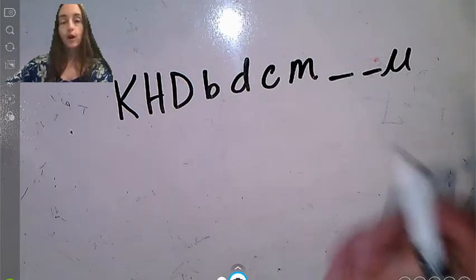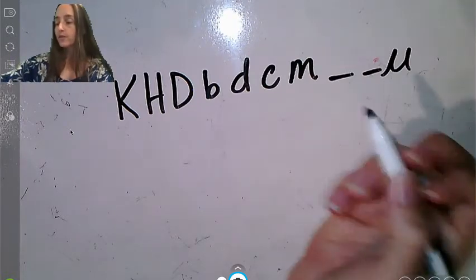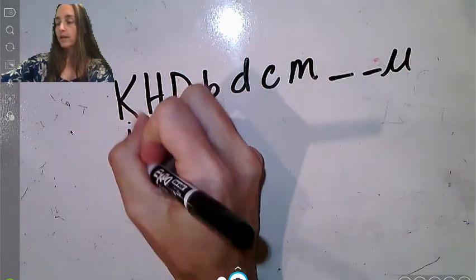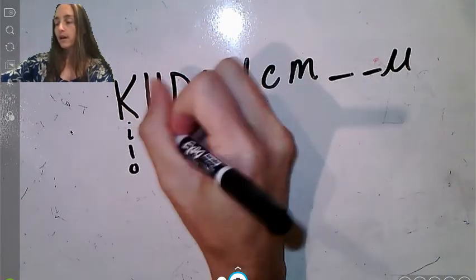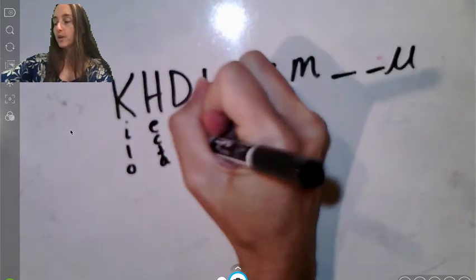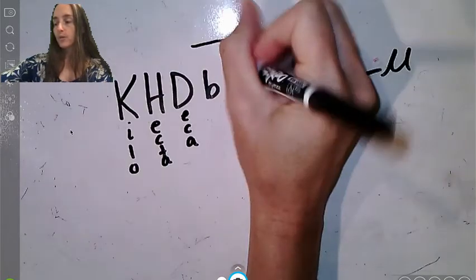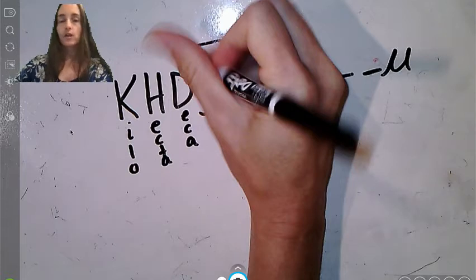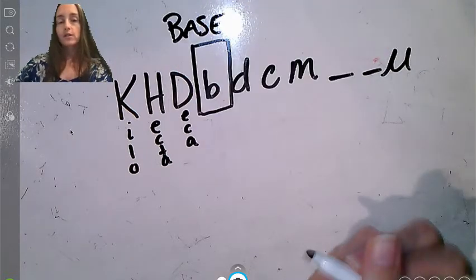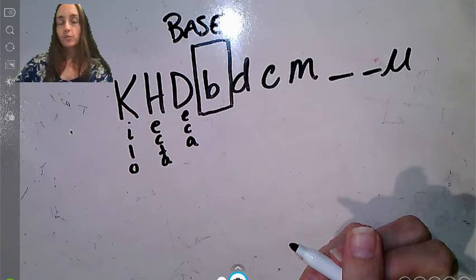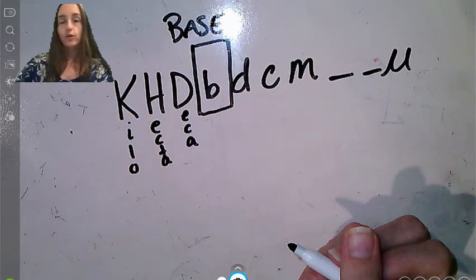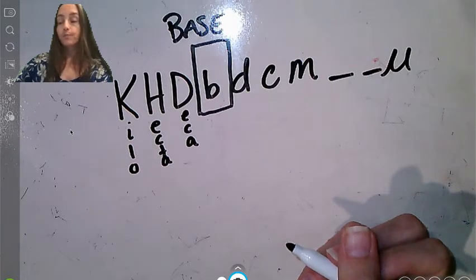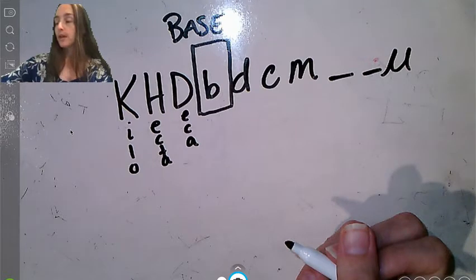Okay, so if you don't know what these stand for, this is a kilo, this is hecta, deca. This one is the really important one. That stands for base. Okay, that is your base unit. All metric measurements, be they for mass or for volume or distance or whatever, temperature even, have a base unit, okay?